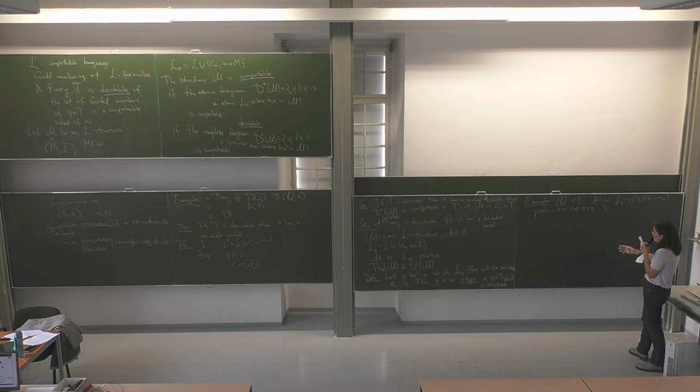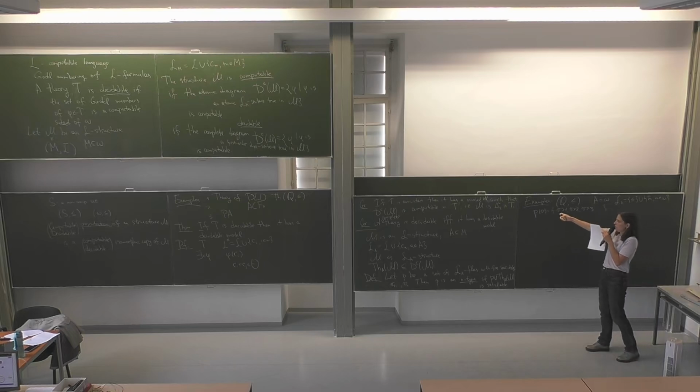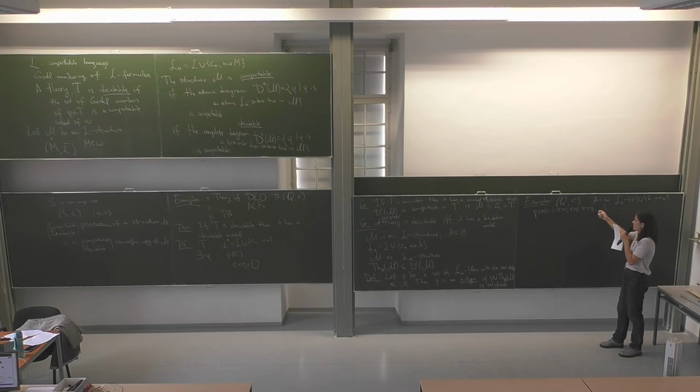So this would be a type. We have formulas with one free variable, so we write this variable here just to stress that we have a type in one variable. These are our constants from A that we use to describe this type. So basically here we say that we have an element that is bigger than all the natural numbers.